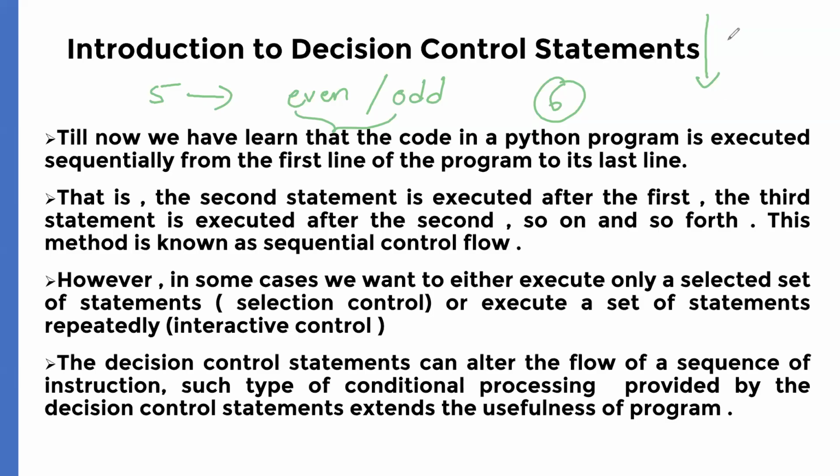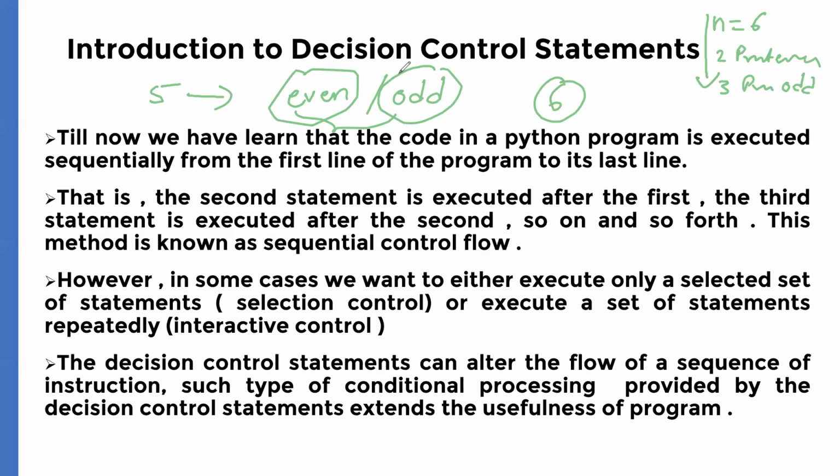A program is a set of instructions. So first line, you are taking the n value. Second line, you are printing it as even. Third line, you are printing it as odd. So it is going to print even or odd because a program is a set of instructions, and all the instructions have to be present.